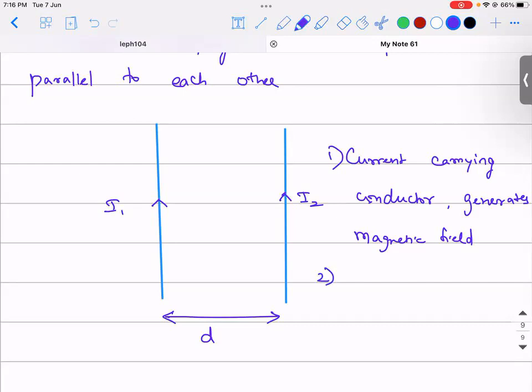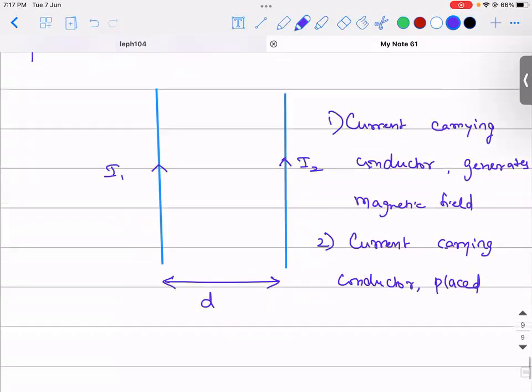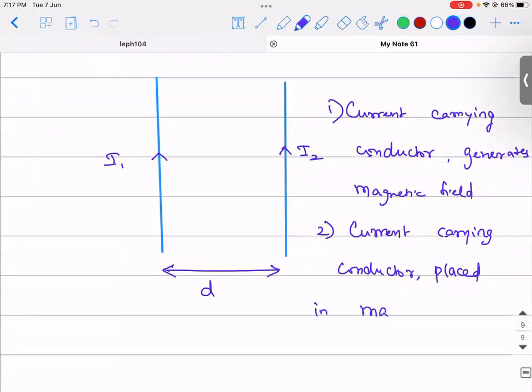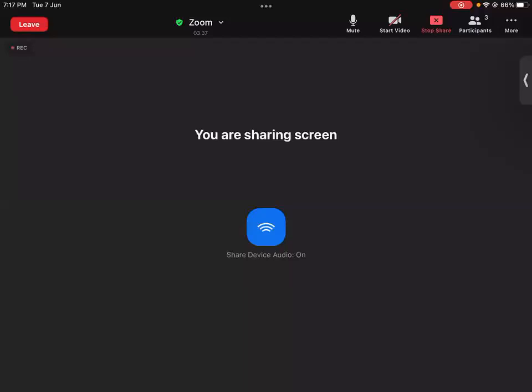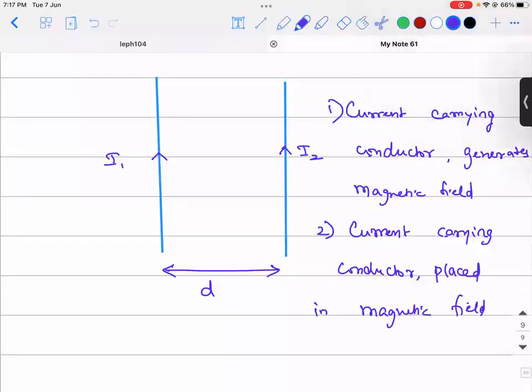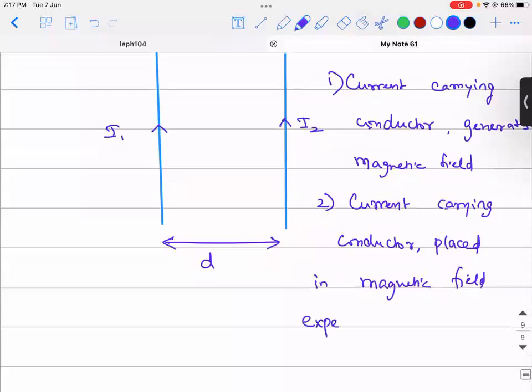And the second is, a current carrying conductor placed in a magnetic field experiences force.